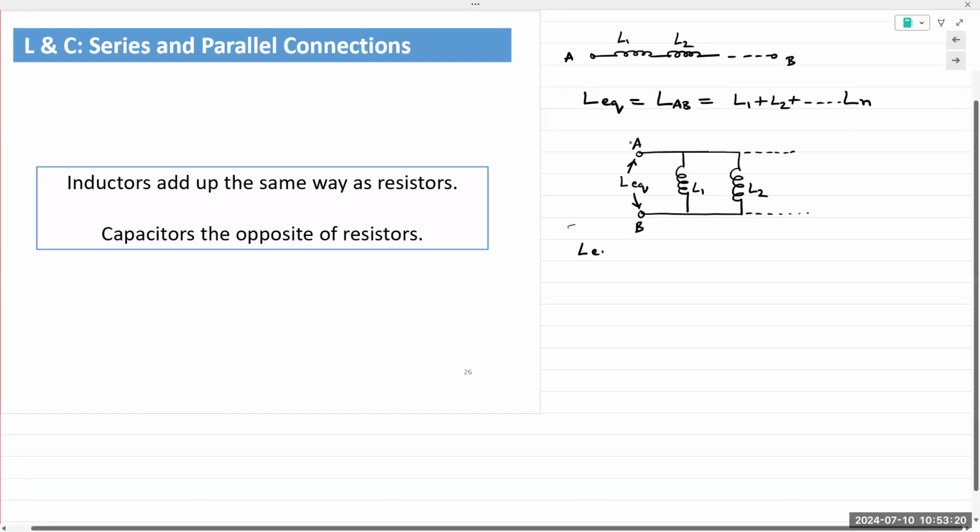So L_eq, again measured between A and B, is 1 over L1 plus 1 over L2 all the way to Ln, and then the reciprocal.